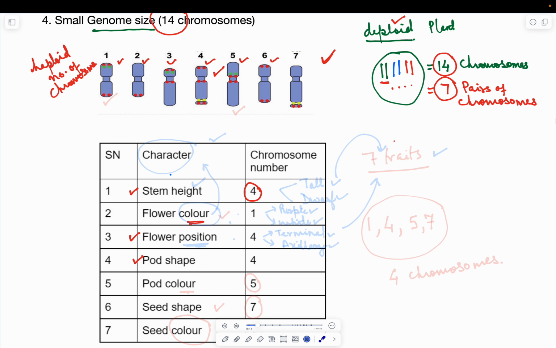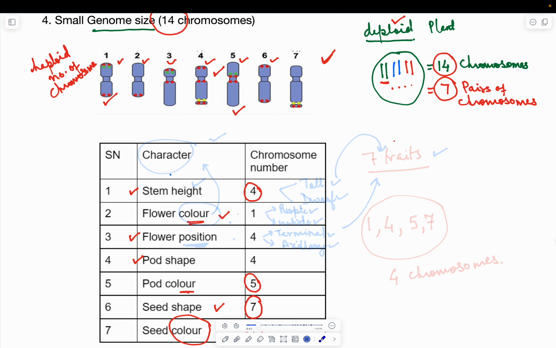Then flower color, the genes for the flower color, they were present on chromosome 1. Then for pod color, they were present on chromosome 5. Seed shape was controlled by the genes present on chromosome 7, and seed color was controlled by the gene present on chromosome 1.